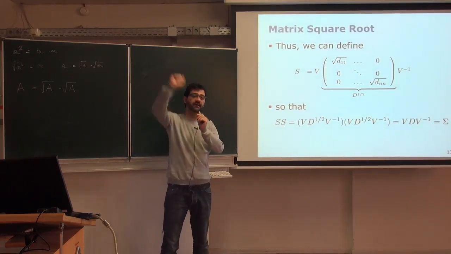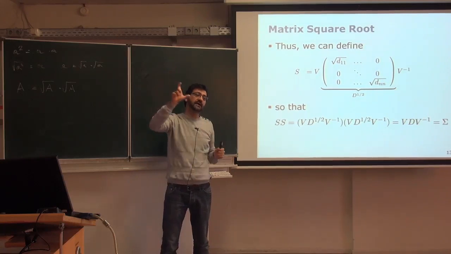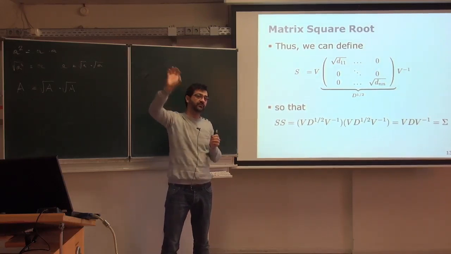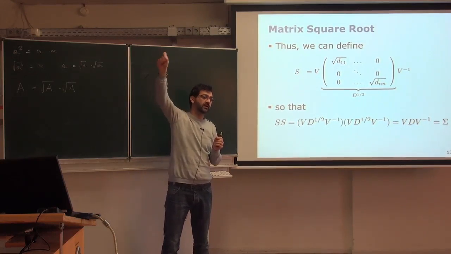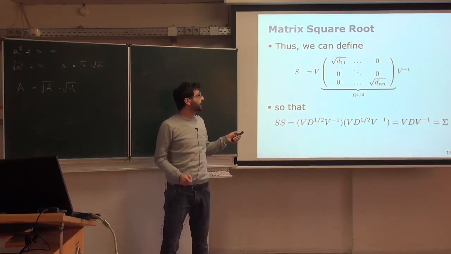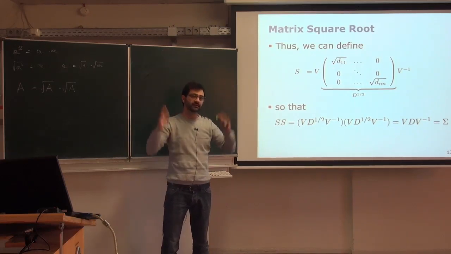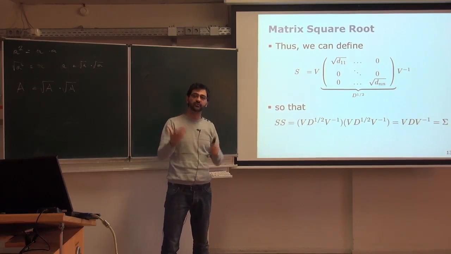So it's really like the direction of the axis, and as a distance in this case you have the square root of the eigenvalue. So it's really like the point on the ellipse which has size 1 in terms of the way you define the ellipse as a geometric figure.